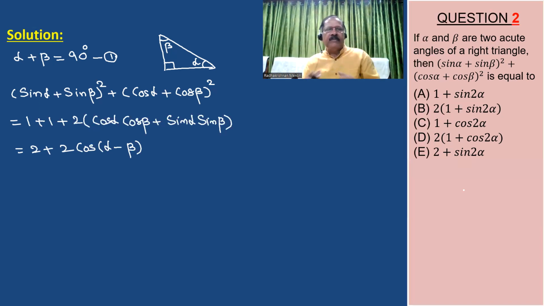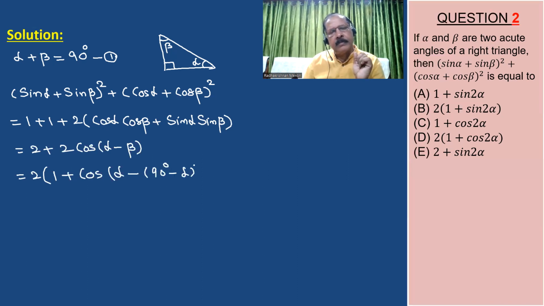So we have to use equation 1. So which is equal to, we can take 2 as a common factor, 2 into 1 plus cos. Instead of beta, you write 90 minus alpha, from 1.